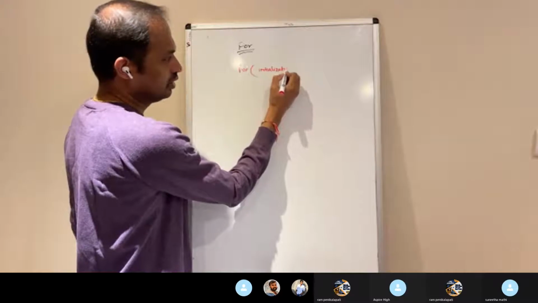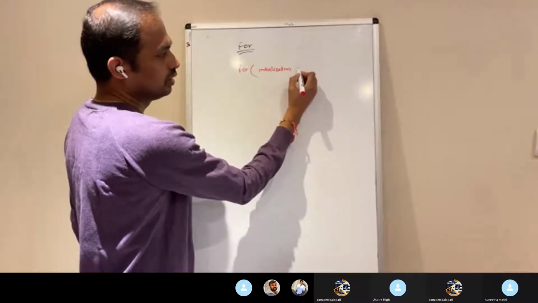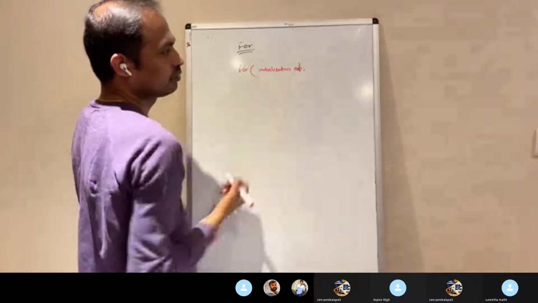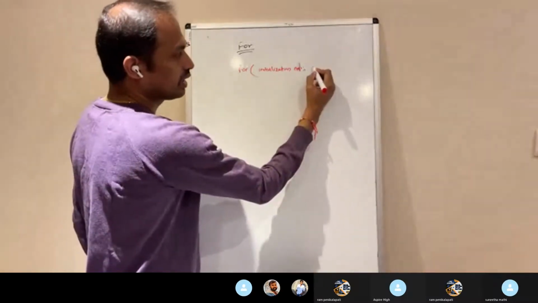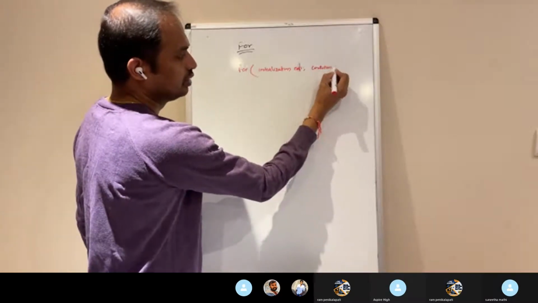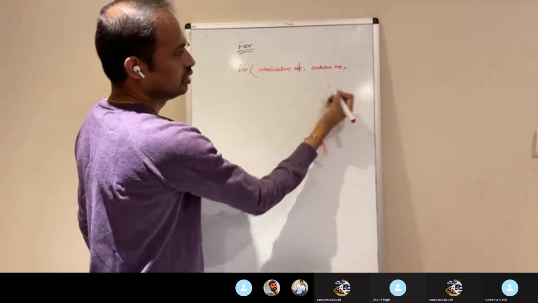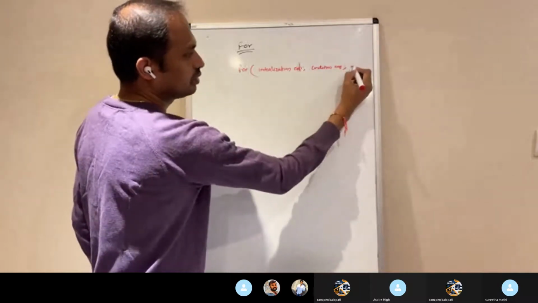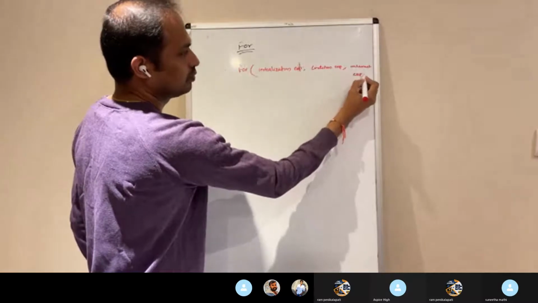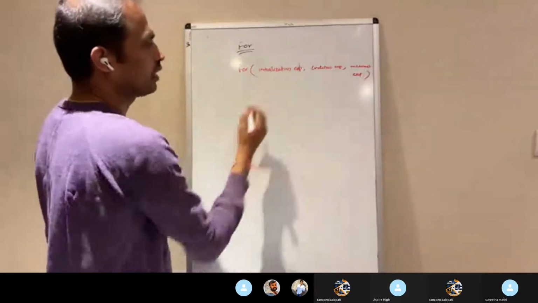Initialization. Here, initialization expression. Then it has to be the condition, right? Condition expression. Then increment expression. This will be the for loop.